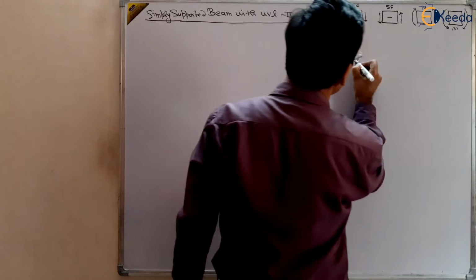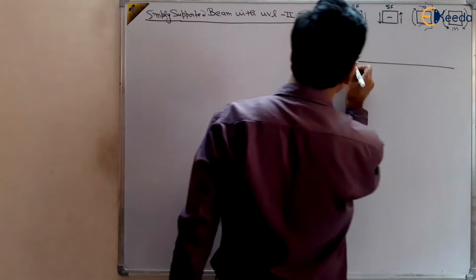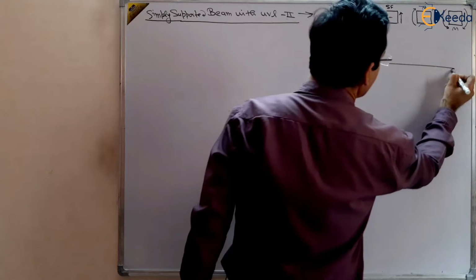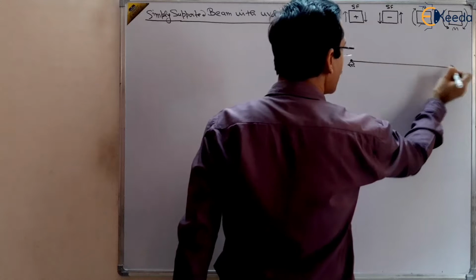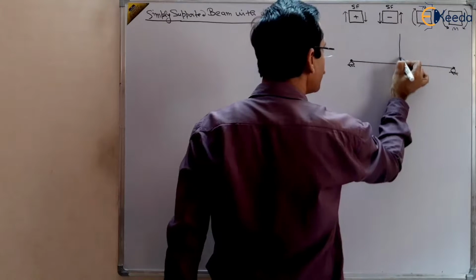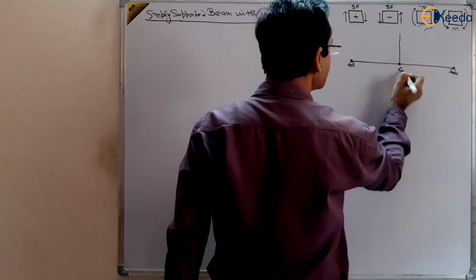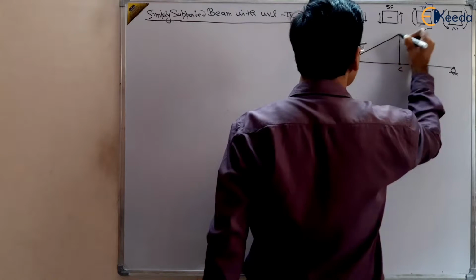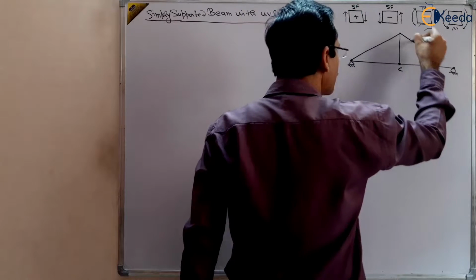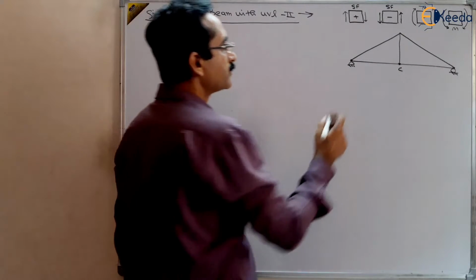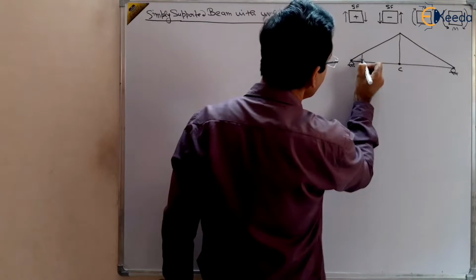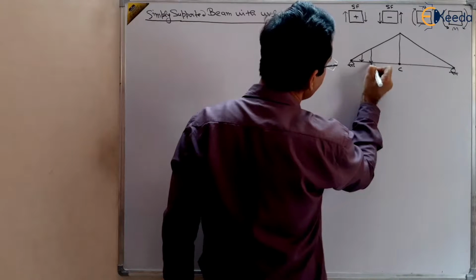Now we are taking a different case where there is zero loading at the endpoints and maximum loading at the center, like this. So this is the UVL, uniformly varying load.